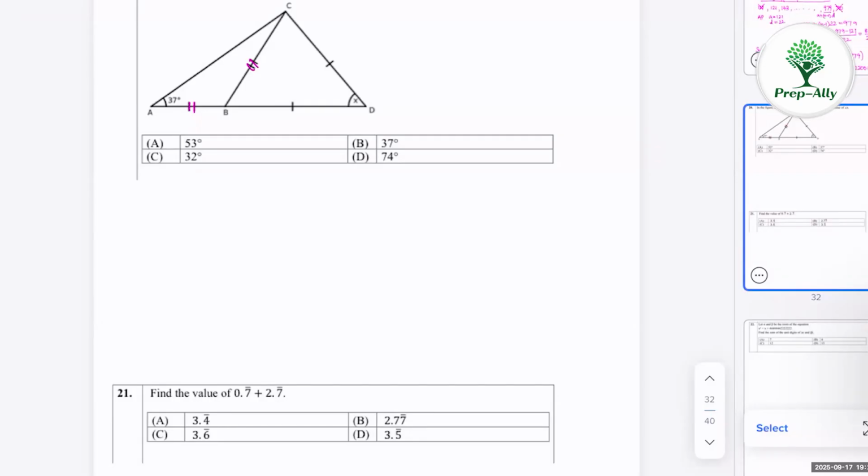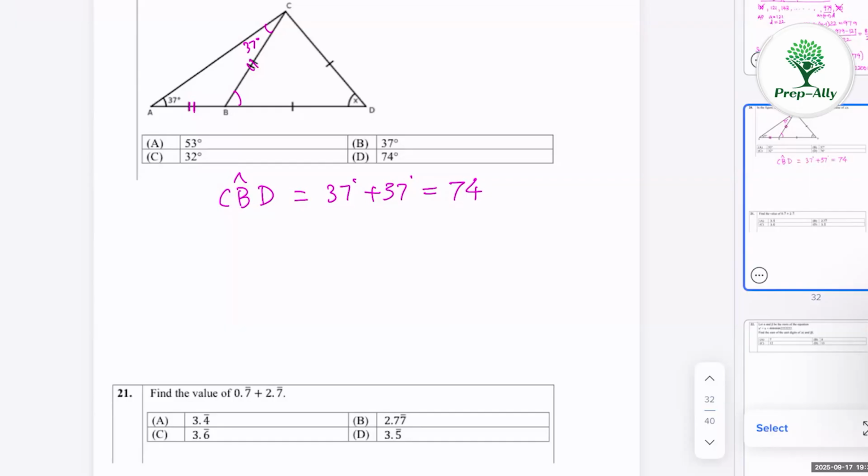So we have this triangle as an isosceles triangle, which means this angle is also 37. And this is the external angle of the triangle. So we have angle CBD equal to 37 plus 37, which is equal to 74.